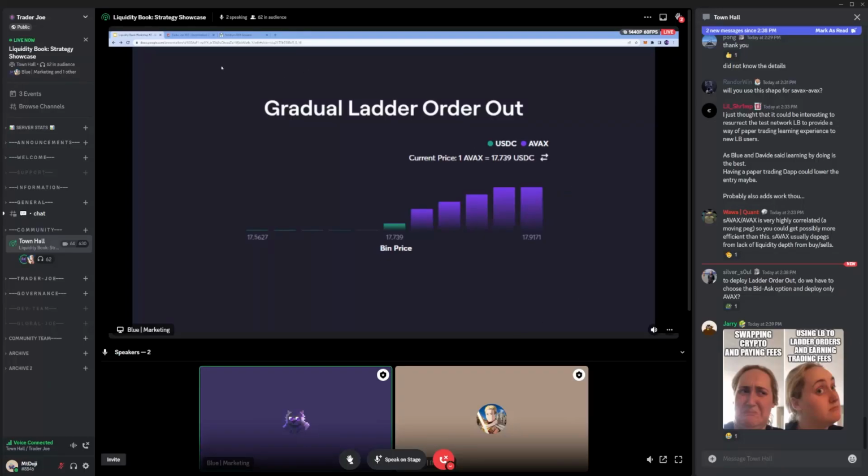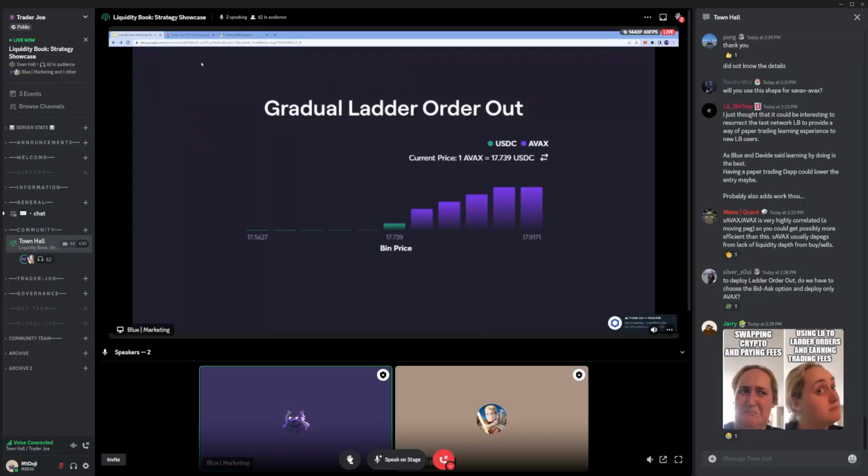Now, good question. To deploy this specific shape, ladder in or out, this is a bid-ask shape. In this example, you can enter the exact amount of tokens that you want to deposit on both sides of the market, and I pretty much entered 99% of the tokens in this position as AVAX.